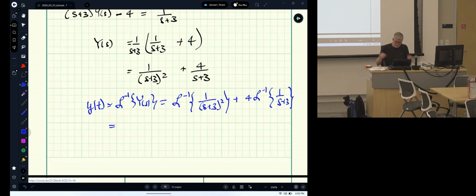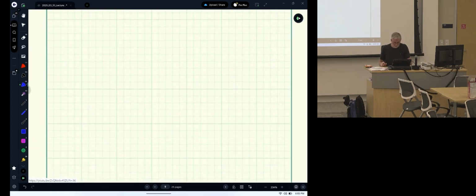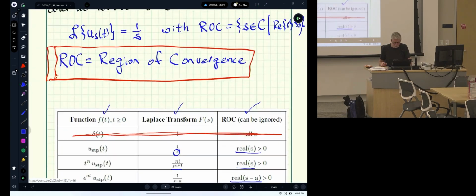So y of t is the inverse Laplace transform of Y of s, which is the Laplace transform of y. Inverse applied to that, yeah. So what is it? Well, that's where these tables are handy.